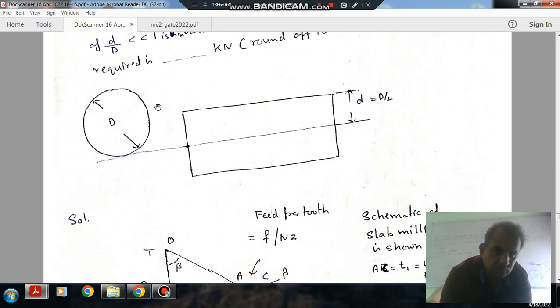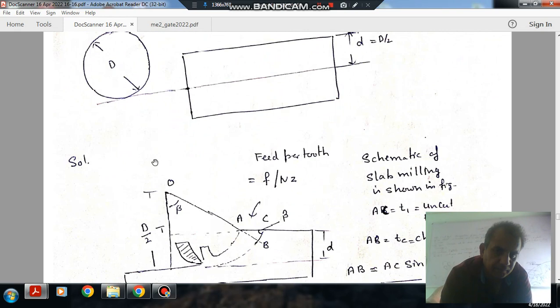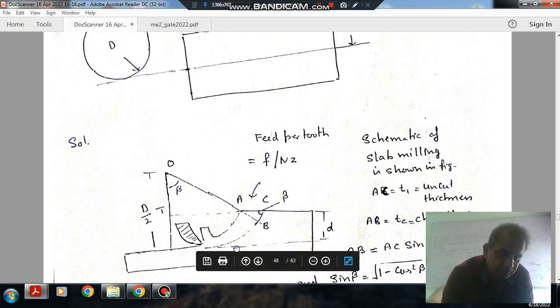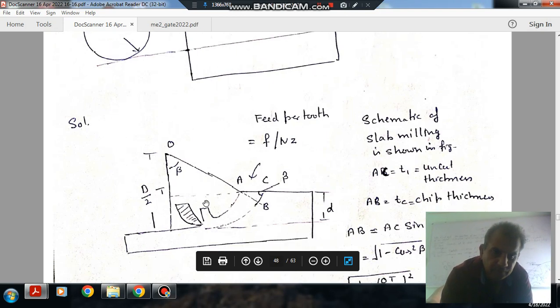Okay, so this is your milling cutter and this is your slab, and this is the schematic diagram of the milling cutter while machining. This is the center of the milling cutter, and this is the starting point.